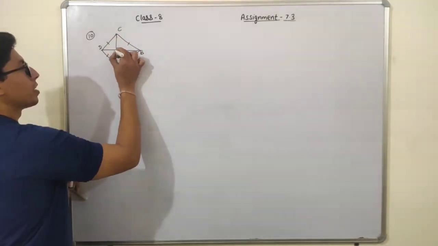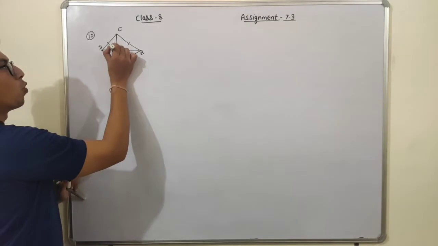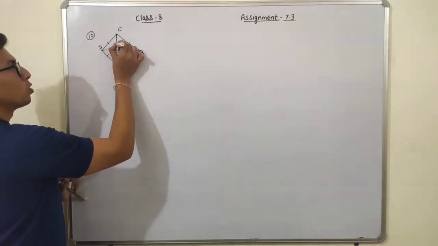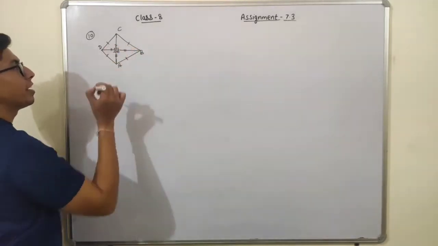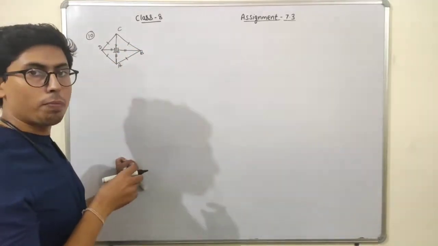We know this thing. That means OD is equal to OB and OC is equal to OA, and these angles are of 90 degrees. All these are the properties of a rhombus.